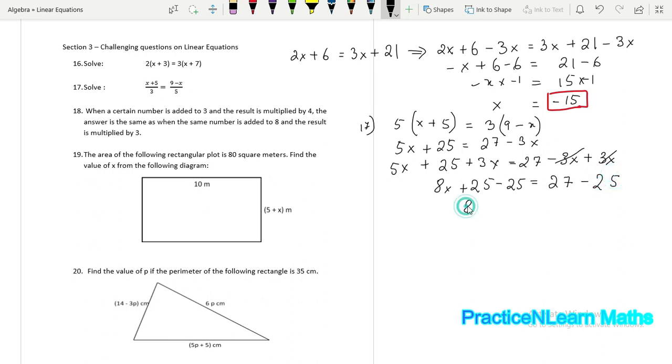We get 8x is equal to 2. We divide both sides by 8. We get x is equal to 2 over 8, which can be simplified to 1 over 4. And that's the answer.